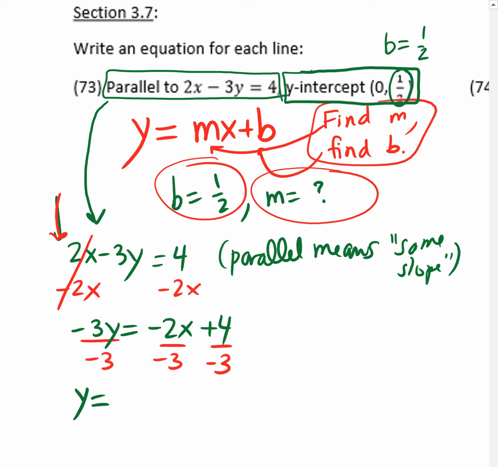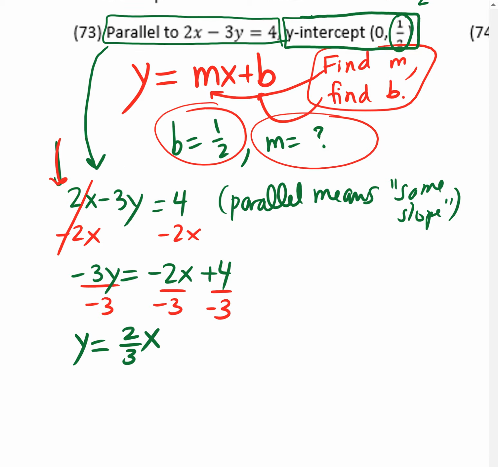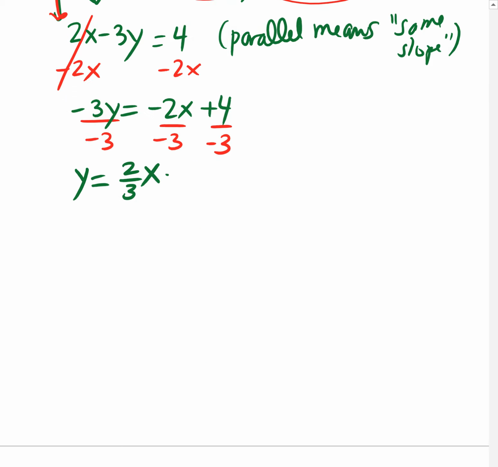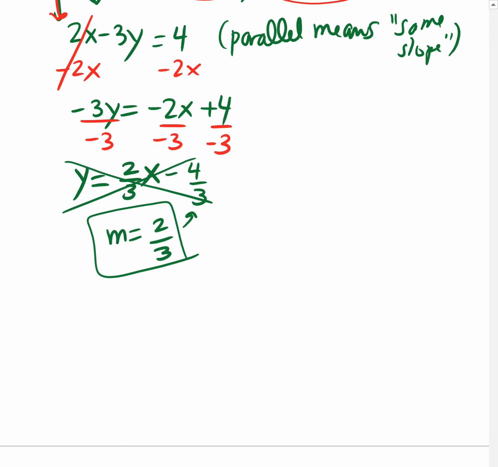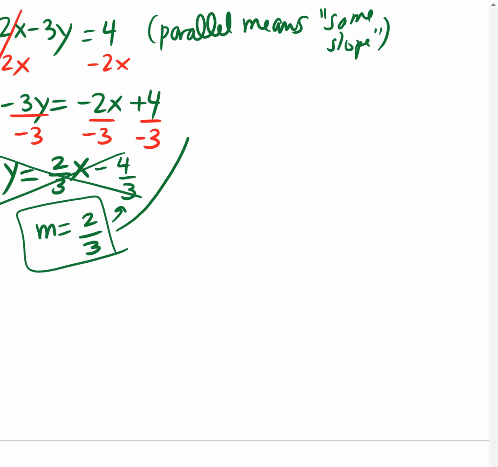So y is by itself: -2 over -3 is +2/3 x, and then 4 over -3 is -4/3. But I only did that to figure out the slope, because remember, this is not the equation of the line I want. But they said it's parallel to that line, so that means I want that slope.